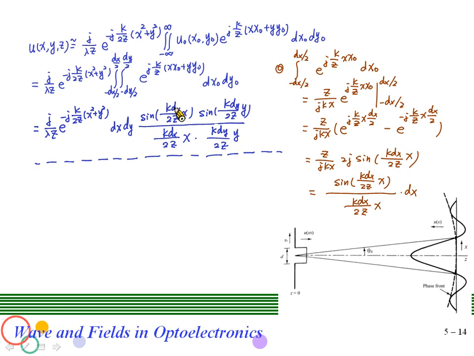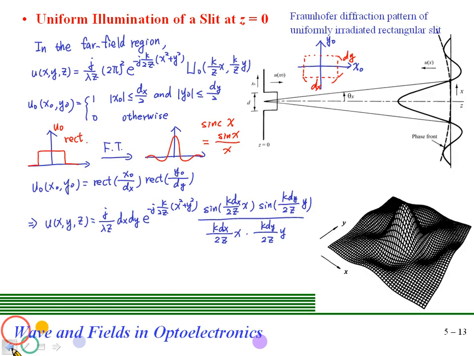And for this rectangular slit, the Fourier transform will be a sinc function. So you see, the diffraction field will behave as a sinc function shown here. In the previous slide, you can also see the sinc function in x and in y directions.